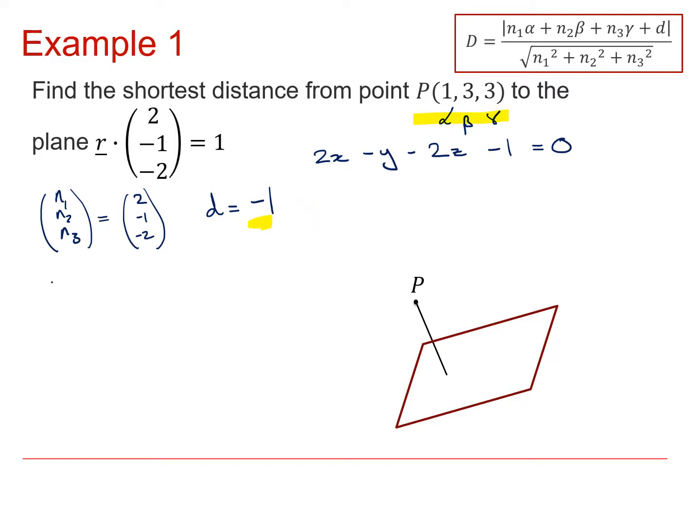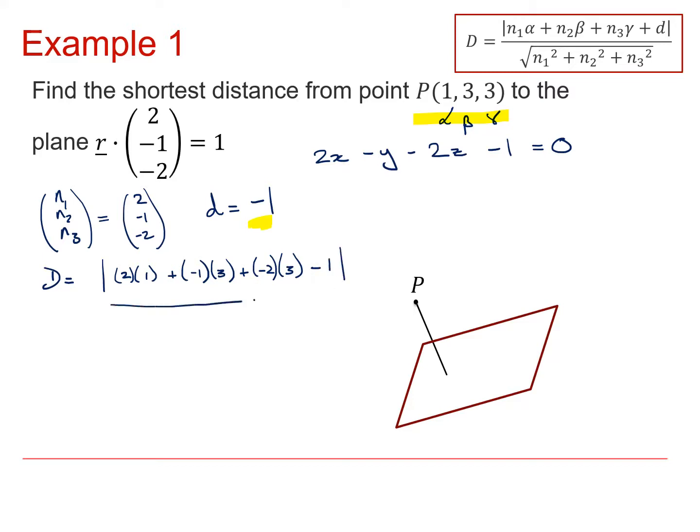So now if we plug all of those in, the distance will be the modulus of n1 alpha, so that's 2 times 1, plus n2 beta, so that's minus 1 times 3, plus n3 gamma, so that's minus 2 times 3, minus d, which is minus 1.